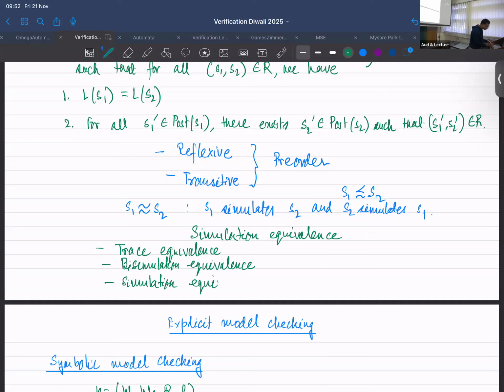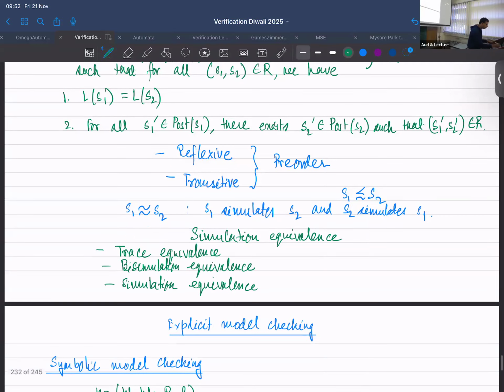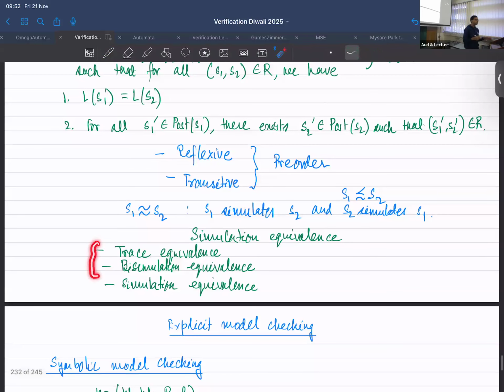Rishal, are you able to follow me? Yeah, makes sense. Okay. So there are these three types of equivalence relations, right? We have already talked about trace equivalence: if two states are related by a bisimilarity relation, then they are also trace equivalent, right?